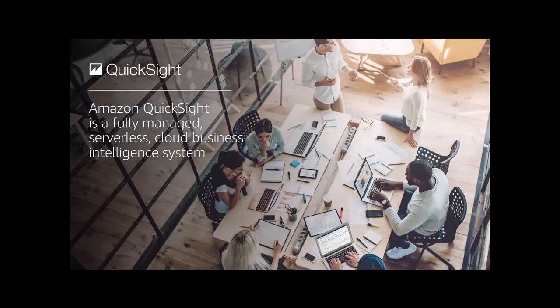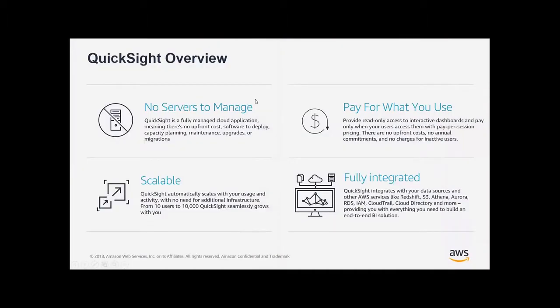All right, so QuickSight at a high level is a cloud-powered business intelligence and data visualization service that is offered by AWS. So if we look at the four major reasons why our customers like using QuickSight, the first one is no servers to manage. QuickSight is a serverless type of architecture.